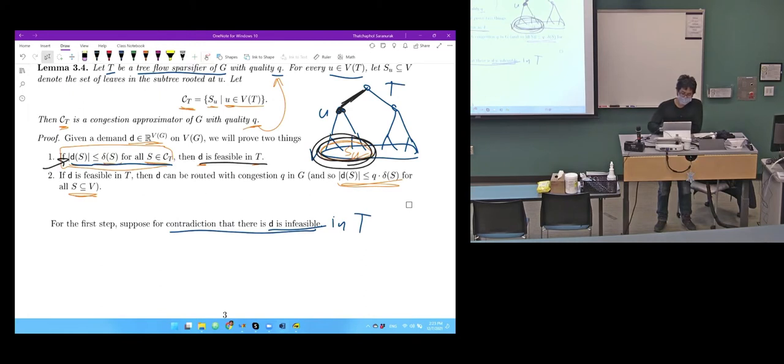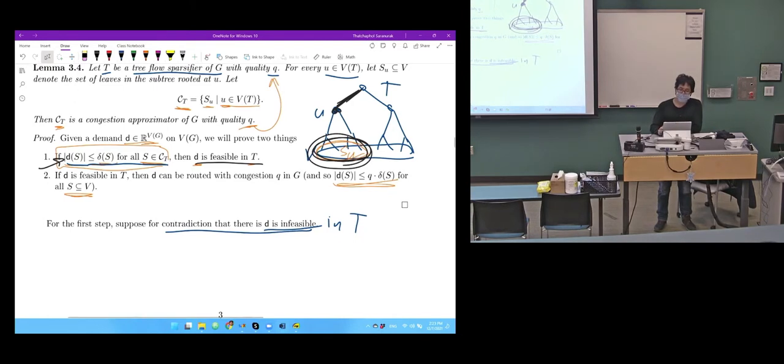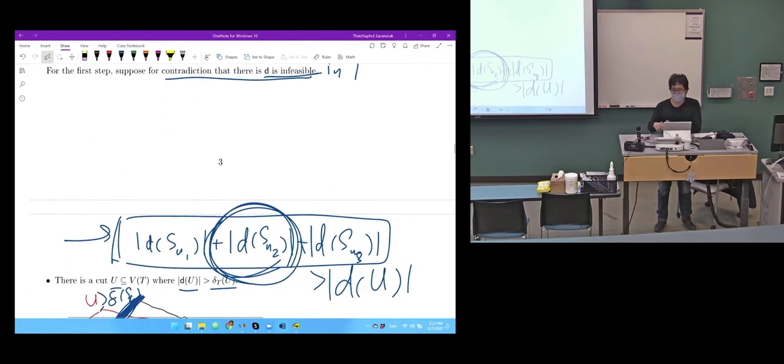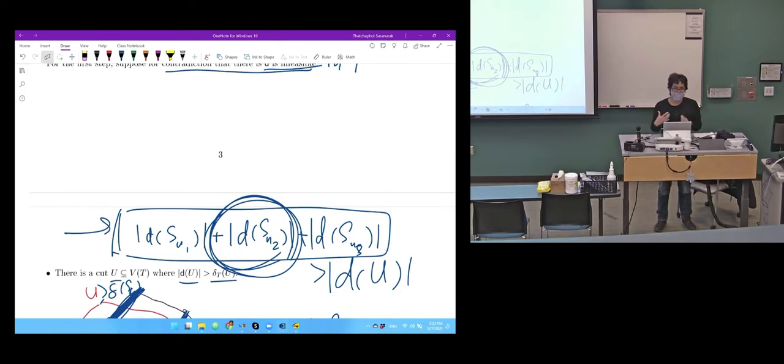And now if you can route D in T, you should be able to route this demand in G too with congestion Q. Intuitively, this should be very believable. It's almost immediate, except for some syntactic thing that you need to check, because tree flow sparsifier is about multi-commodity flow, but the demand here that we talk about is for a single commodity, right?